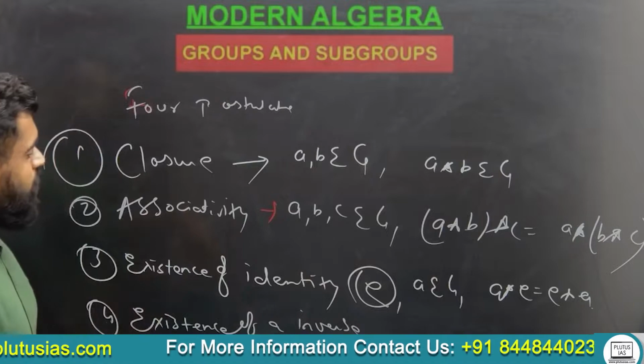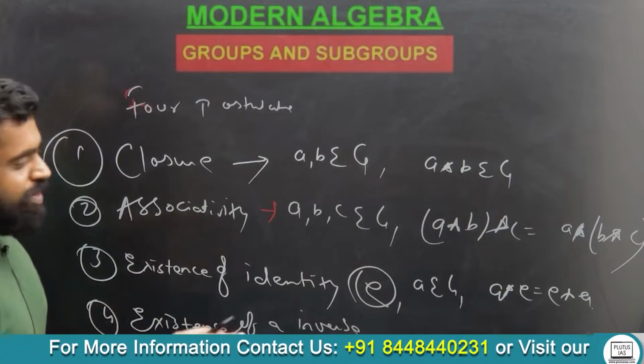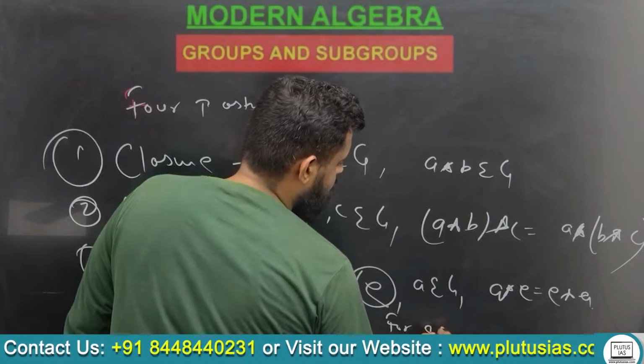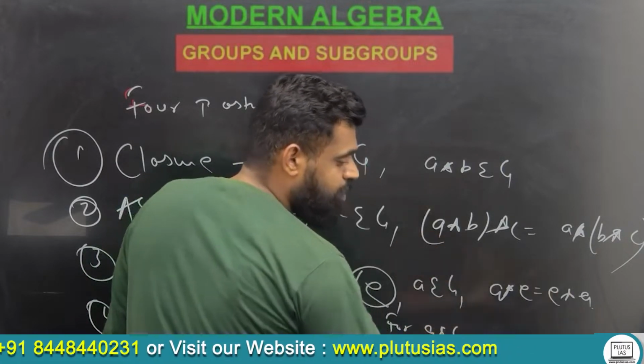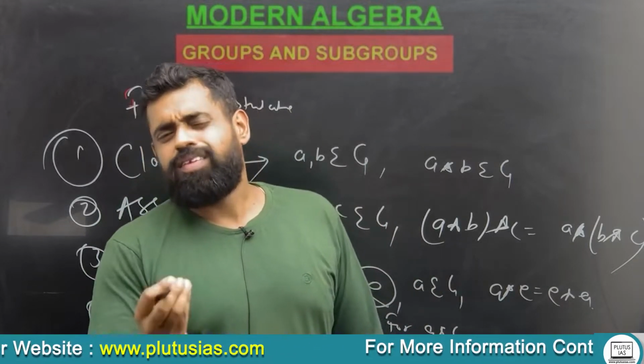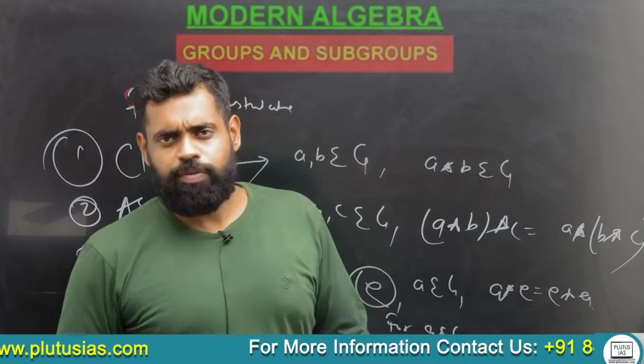And the fourth property is the existence of inverse. It says that for every element A there exists another element, which we write as A inverse. In some books you can also see it denoted by B; it doesn't matter what we denote it.